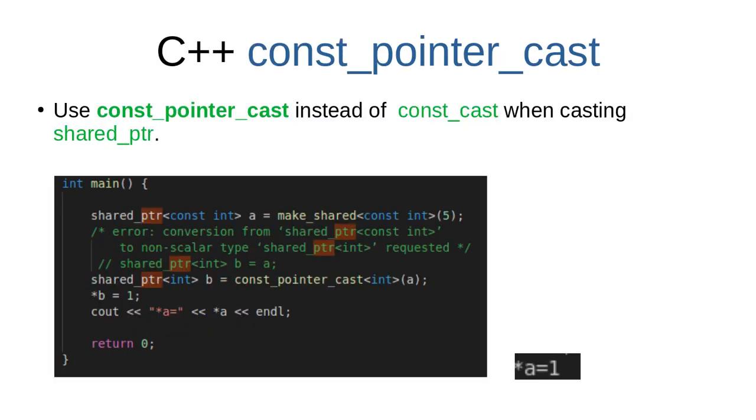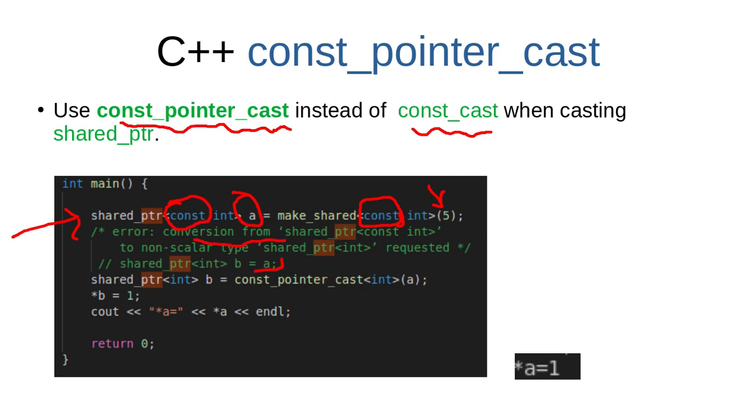The same case, if you deal with a shared pointer, you have to use const_pointer_cast instead of const_cast. This is an example. We have a shared pointer pointing to an object and the value is 5, but here we have a constant, so the pointer is of type constant, and so you can't change the value of a through the dereferencing of the shared pointer.